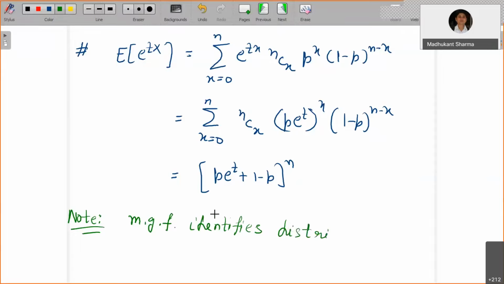Once it has some special type of moment generating function, it will refer to that. If you have this type of moment generating function, it will refer to the binomial distribution. It means there is a one-to-one onto correspondence.